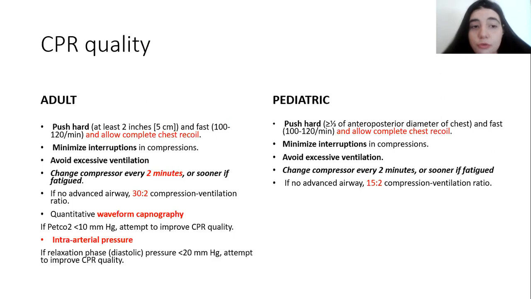And also you need to be fast, 100 to 120 beats per minute, and allow complete chest recoil. Of course, it is important. Minimize interruption in compressions in both adults and pediatrics. Avoid excessive ventilation. Change the compressor every 2 minutes or sooner, it's important. And of course, you have to check the waveform capnography and the intra-arterial pressure.